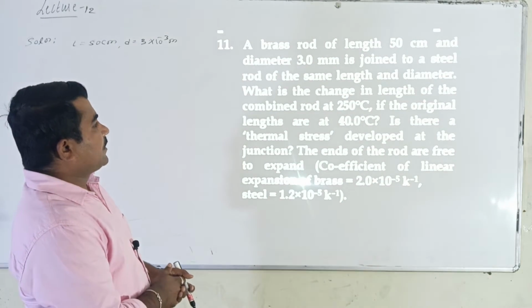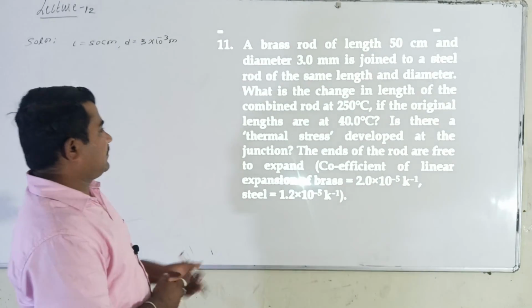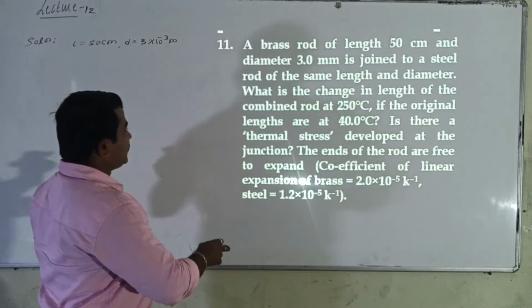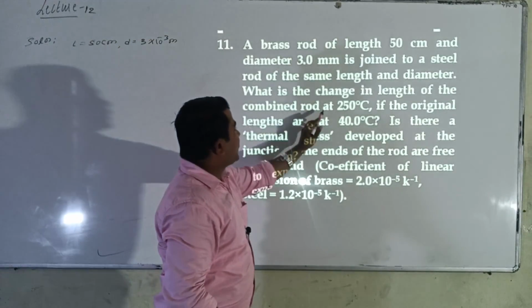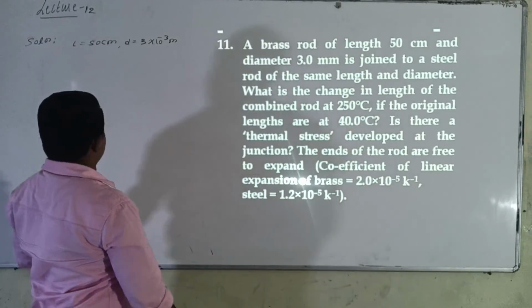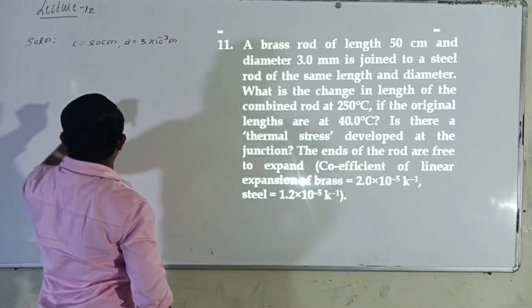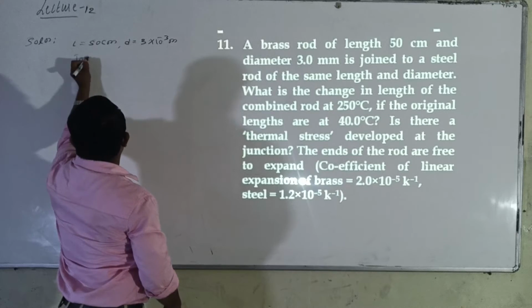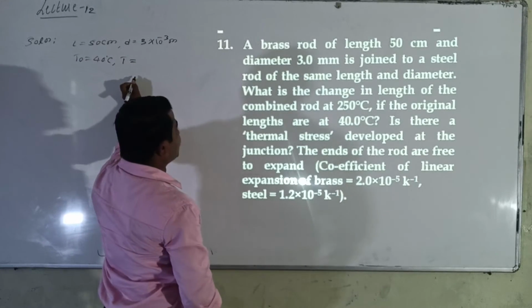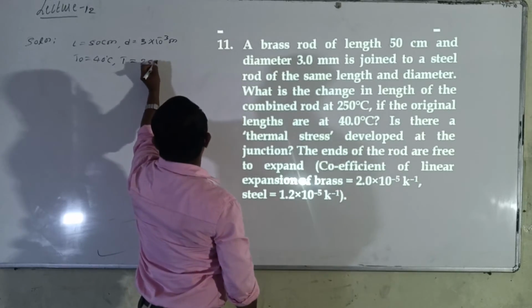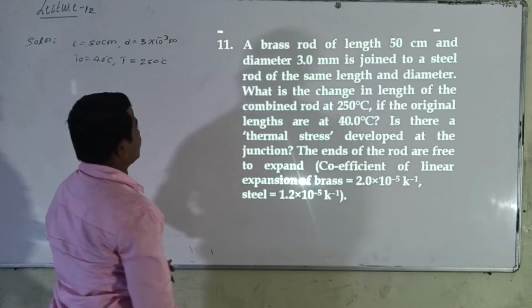Right. The initial temperature is there. What is the change in length of the combined rod at 250 degrees Celsius when the original temperature was 40 degrees? T naught is given directly as 40 degrees Celsius, and T is equal to 250 degrees Celsius.